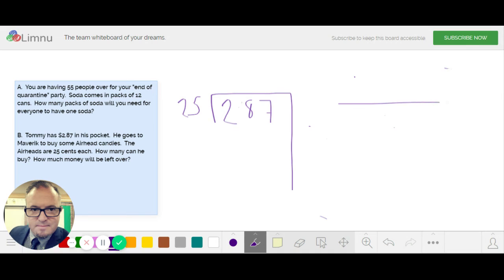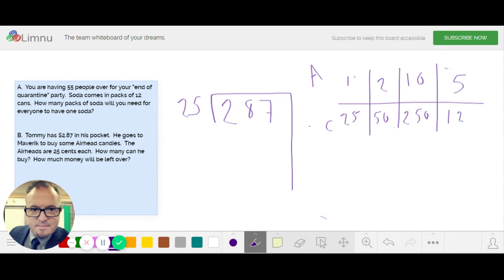Now let's construct our ratio table. 1, 2, 10, and 5. And we will put A for Airheads, C for cost. 1 Airhead costs 25 cents. 2 Airheads costs 50 cents. 10 Airheads costs $2.50. And 5 Airheads would be $1.25.